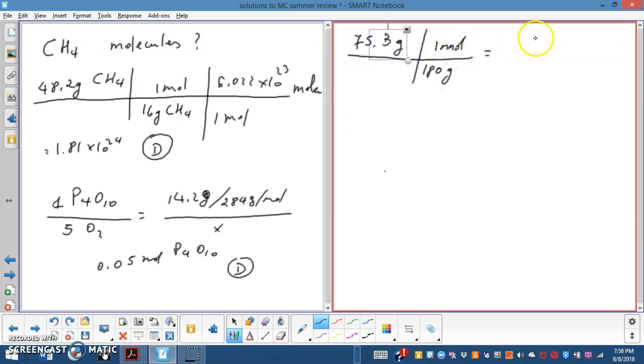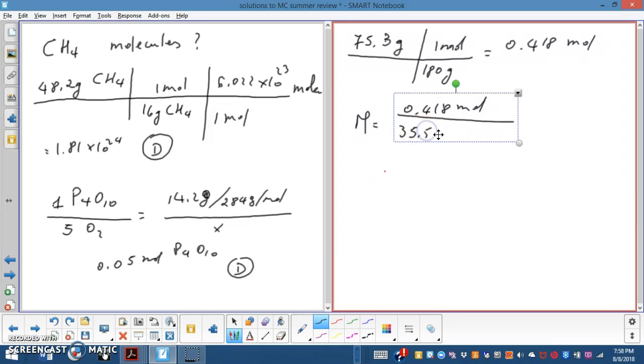This will give you 0.418 moles. So at that point, molarity is going to be equal to the moles divided by the liters, which are 35.5 milliliters, which means times 10 to the negative 3 liters, and this is 11.8 moles per liter, which is your molarity. So answer E is going to be the choice.